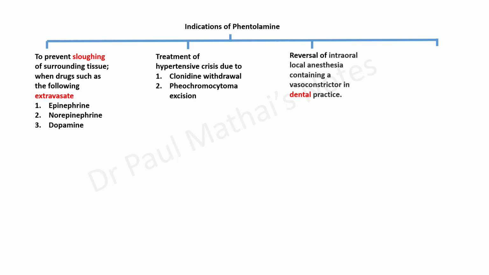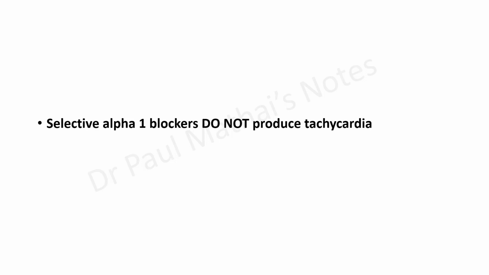It is also used for the reversal of intraoral local anesthesia containing a vasoconstrictor in dental practice. There are other indications of phentolamine as well. Now, regarding selective alpha 1 blockers, unlike the non-selective alpha blockers, these do not produce tachycardia.